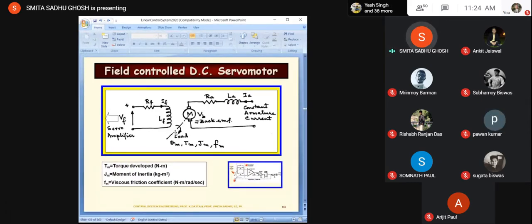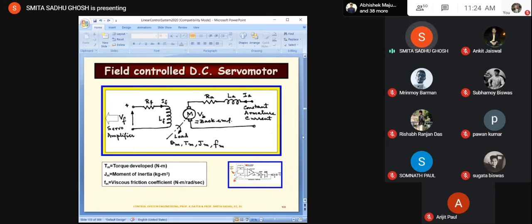And what is the input quantity that we are applying, input variable over here? Vf. Field voltage, or you can take it as field current. Field voltage is basically the input over here, because recollect that we have kept the armature current constant, so that's not going to vary.